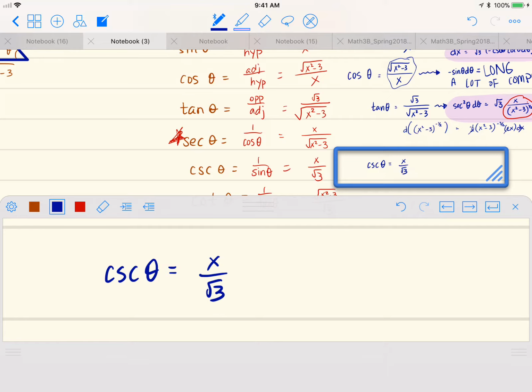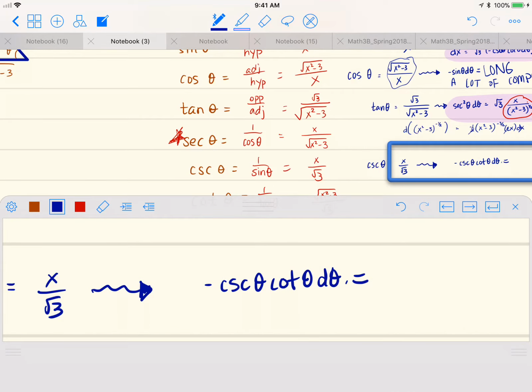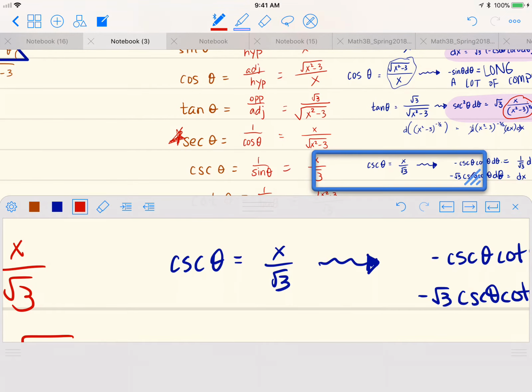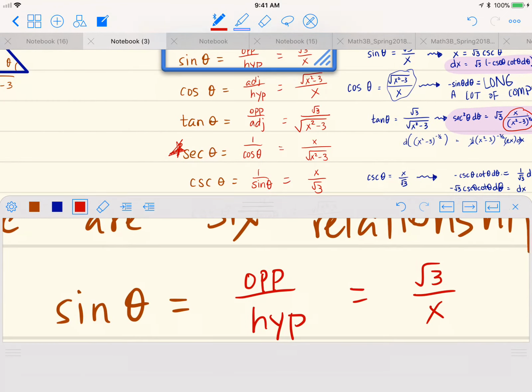I can just take the differential of both sides, and I would get negative cosecant theta cotan theta d theta equals 1 over root 3 dx. So then dx is, multiplying both sides by root 3, negative root 3 cosecant theta cotan theta d theta. So this one is nice and easy compared to the other ones. And it's nice and easy because this is just the reciprocal of the sine, right?